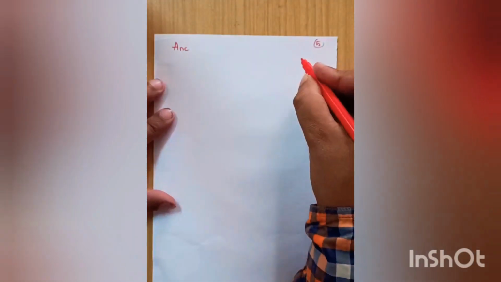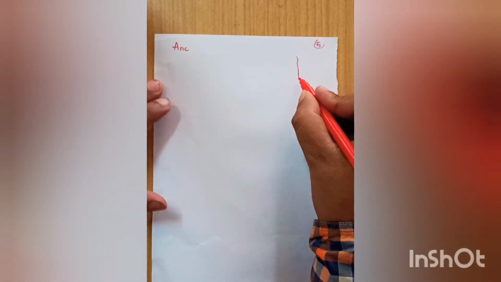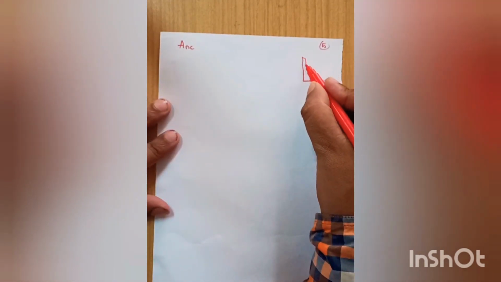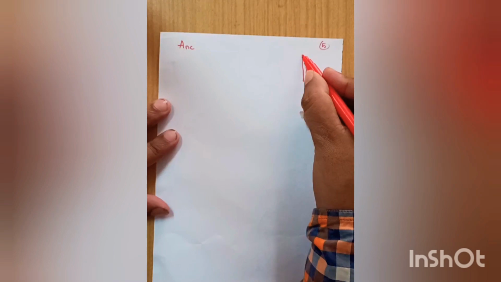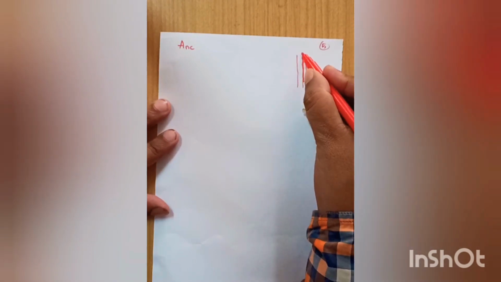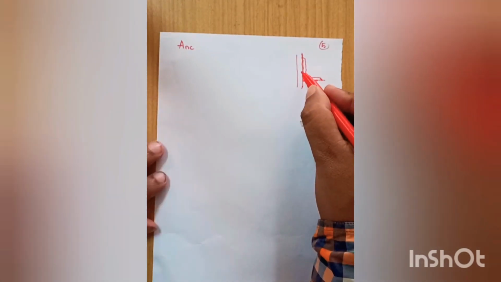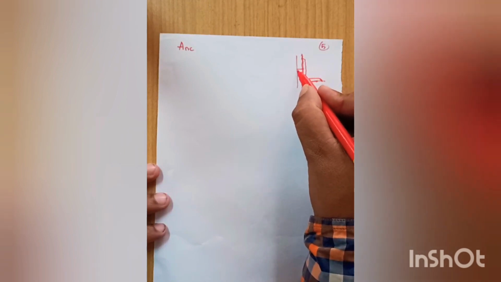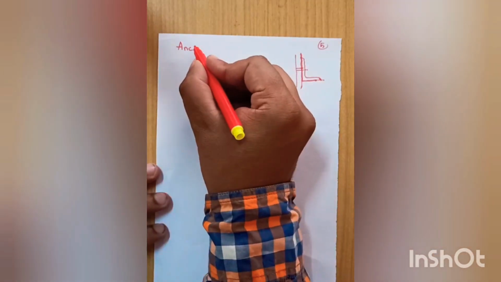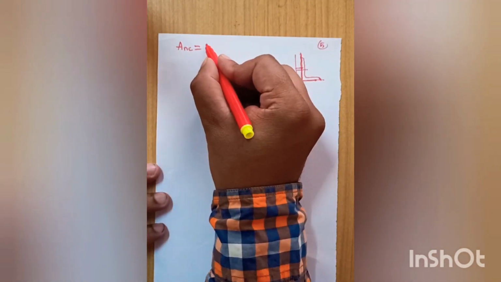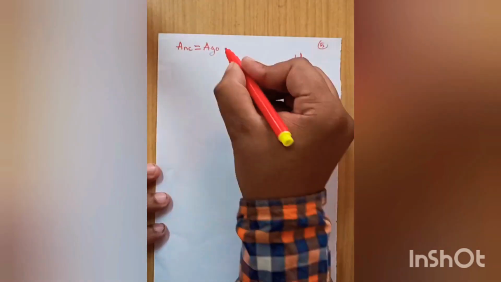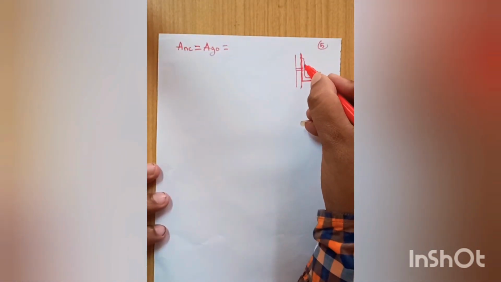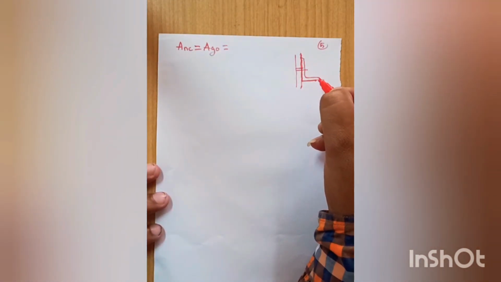Anc, that is the net area. We have an angle here like this, which is connected to a gusset plate like this. So we are not drilling the holes here. For a bolted connection we need to drill the holes, but here we are not drilling any holes, we are directly providing welding. So net area will be equal to gross area. So Anc will be equal to Ago, because both legs are of the same size, 90, 90, 10.